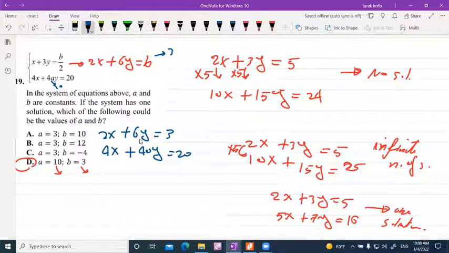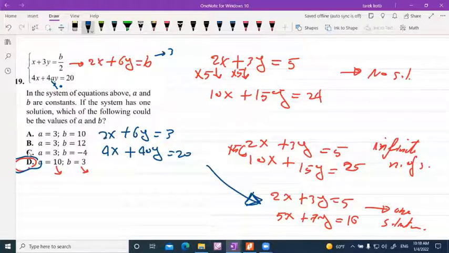Look here, 2, 4, 6, 40. There is no relation between this and this, because if you multiply this by 2, you will get 4, but for the 6 to get 40, nothing, and also the 3 and the 20 are different, so it is from this type. It means one solution if a equals 10 and b equals 3.